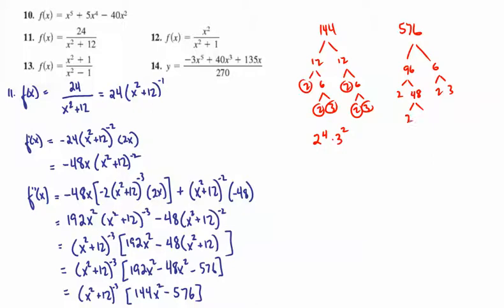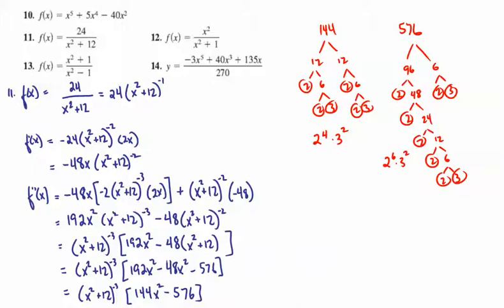And 48 is 2 times 24, which is 2 times 12, which is 2 times 6, which is 2 times 3. So my prime factorization for 576 is 2 to the 6th power times 3 to the 2nd power.